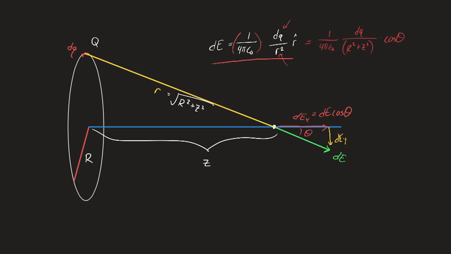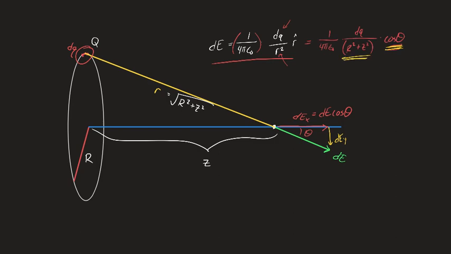Now, I am pretty sure for every piece of charge, cosine theta is going to be the same. I mean, do you think the angle is going to change at all here? It doesn't look like it to me. In fact, I'd go one step further. I'm thinking this is a constant and this is a constant.